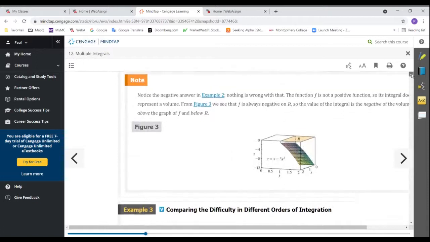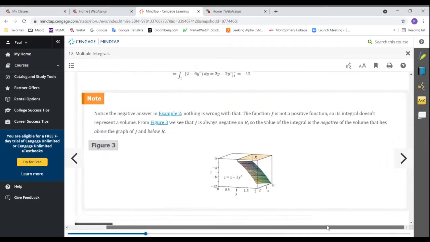In figure 3, there is the surface x minus 3y squared over the rectangular region where x is between 0 and 2 and y is between 1 and 2. What do you notice about that surface? What's one thing you notice right away?